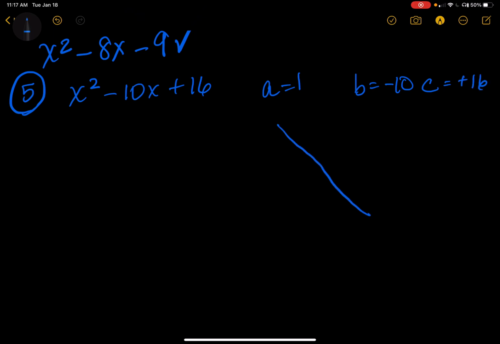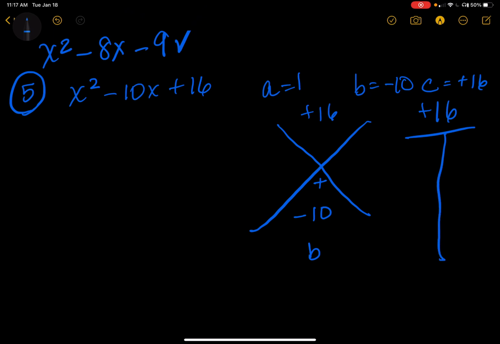So our question that we ask is, what are the factors of a positive 16 that will add to be a negative 10? Well, let's list the factors of a positive 16. We have 1 and 16, 2 and 8, 4 and 4.